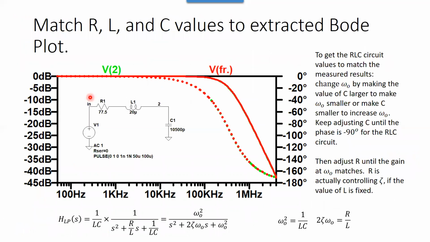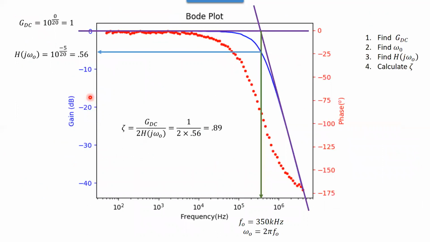Why did the Bode plot work? Well, in the code, it takes your V out and divides the amplitude of V out by V in. So even as frequency is changing, and V in is changing, it doesn't matter. V out is just being scaled by it.